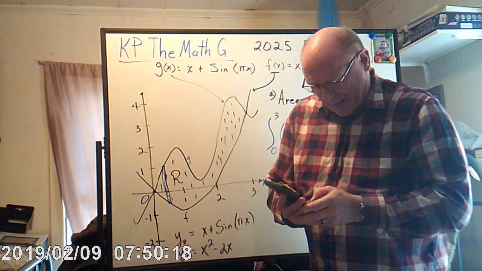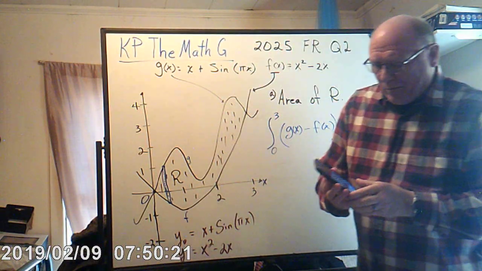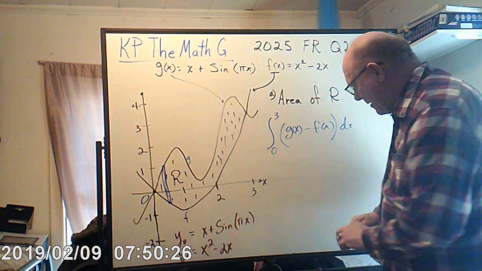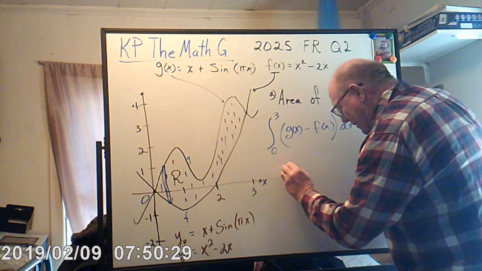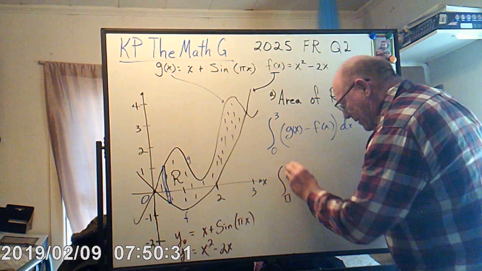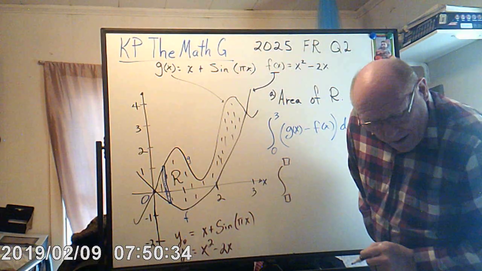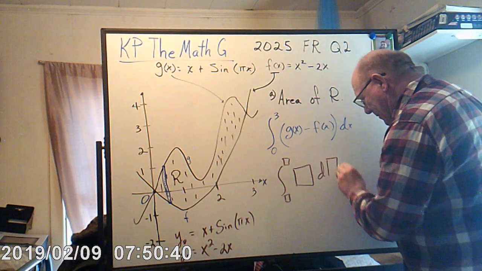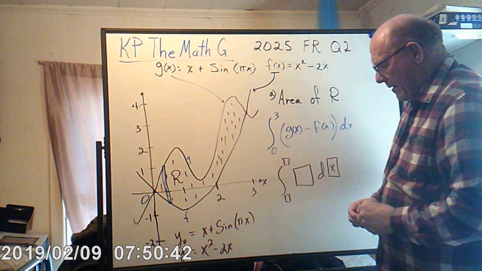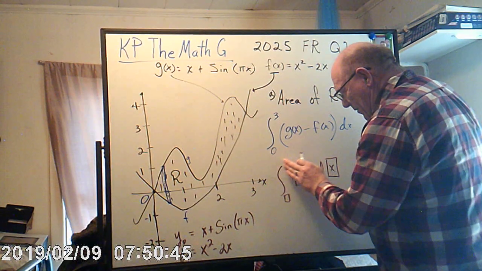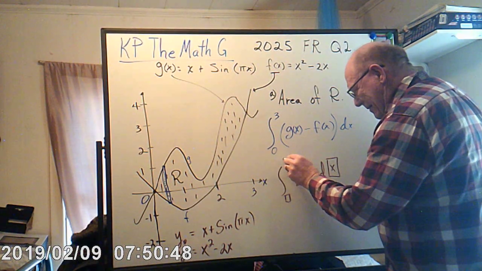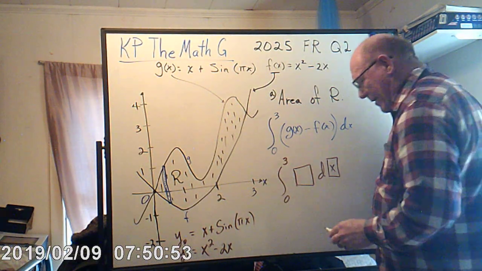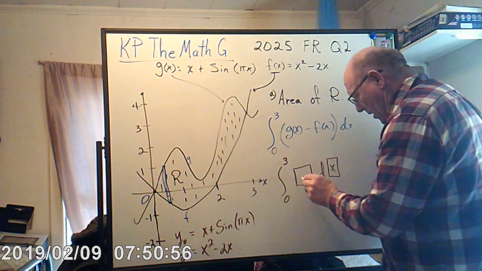Mine does show up like this: an integrating symbol, a box here and a box up here, and a box here, and then d and a box, but the x is in the box there. So all I'm doing here is I'm putting from 0 to 3.